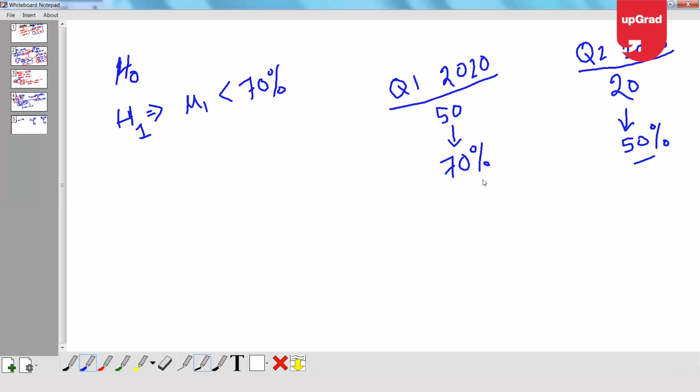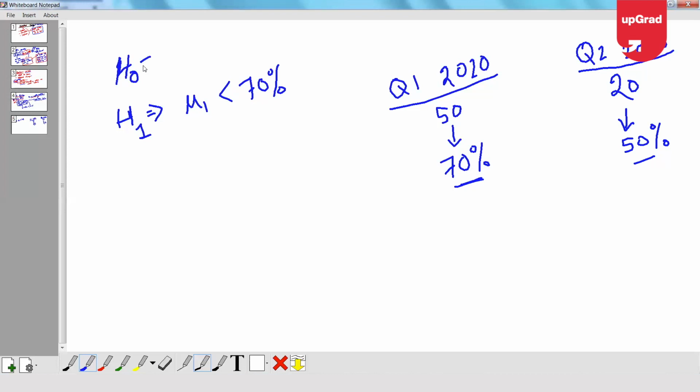So my baseline data is this, right? And I can see that there is a trend. I build a hypothesis that probably people are ordering less pizza. What is less? From where? From this 70%. So mathematically representing, mu1 is less than 70%, and that is my alternate hypothesis. Here I have observed a change, a strong change rather, to make some kind of assumption, right?